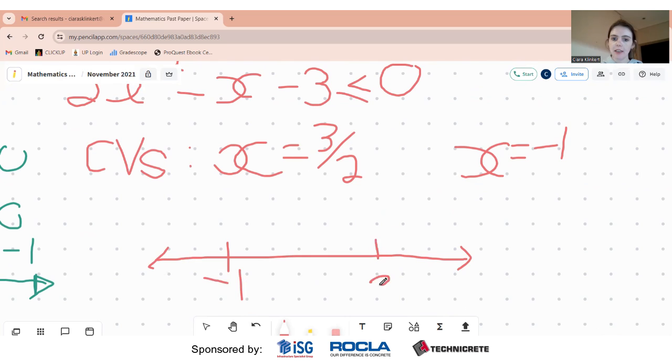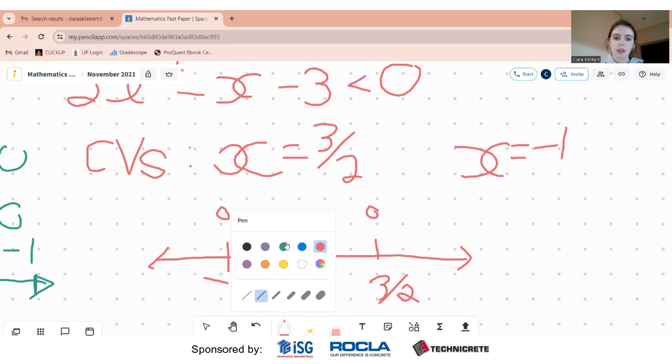Okay, then I need to draw the dots. For interest's sake, I'm actually going to change this from less than or equal to just less than. So now I need to do open dots above each number or critical value. And I always remember that it goes plus, minus, plus.